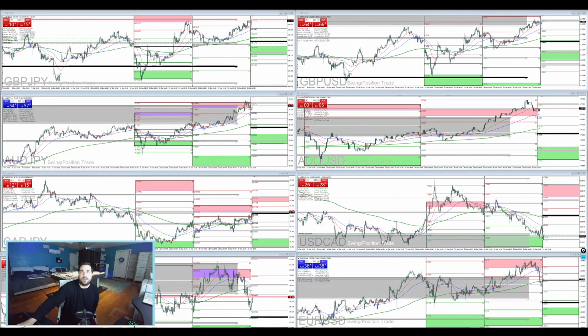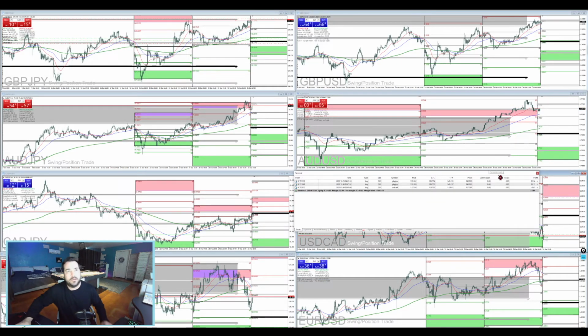Okay, so really quick here, pulling up my two pound day trades. I'm going to go ahead and close out of both of them right now. We're really close to where the take profit would have been, and again, considering where we're at right now as far as time-wise goes, and that fact that we already hit price targets in after hours, I'm going to go ahead and close them out.